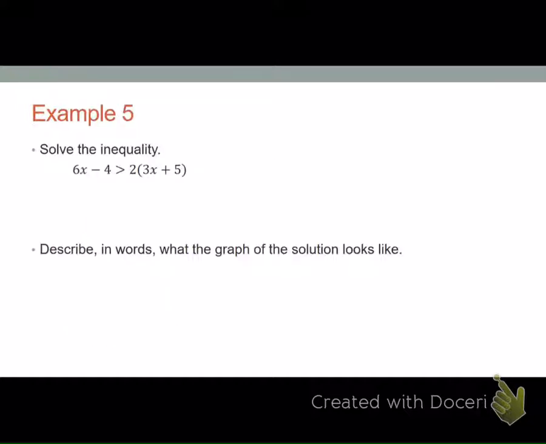Alrighty, Tanari, what would you do first in example 5? Justin, what would you do now? Add 4 to the term.